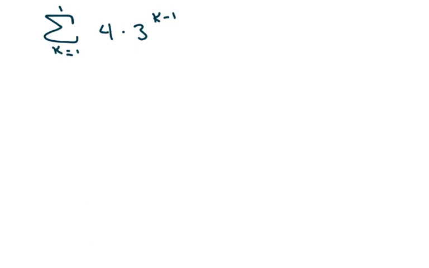Okay, the next one is very similar. We're going from k equals 1 to n, and if you plug in 1, you're going to get 4 times 3 to the 0, which just equals 4, because anything to the 0 power is 1. And you know your common ratio is 3, so we just keep multiplying by 3, and that's going to be 12.